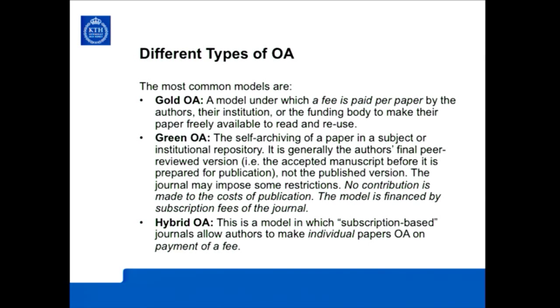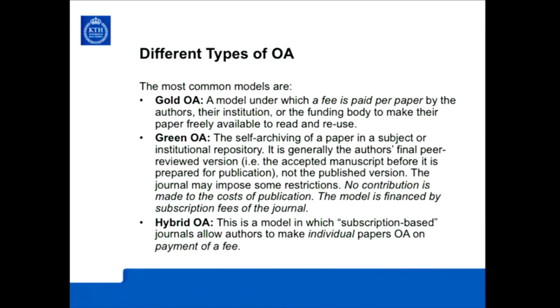And then there is green open access, that is archiving of a paper in a subject or institutional repository. It is generally the author's final peer-reviewed version, not the published version, that is then publicly open. And many journals impose restrictions on these.